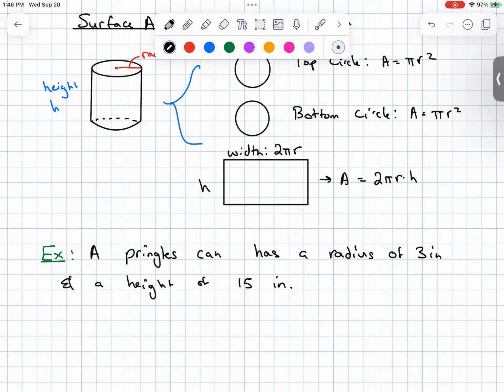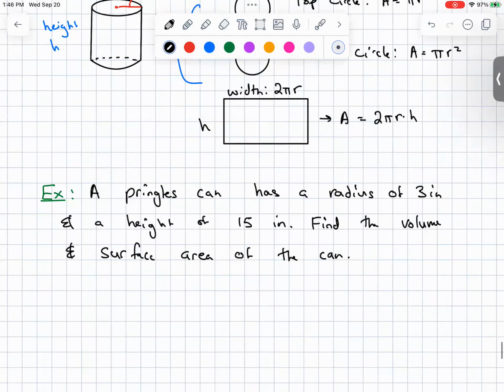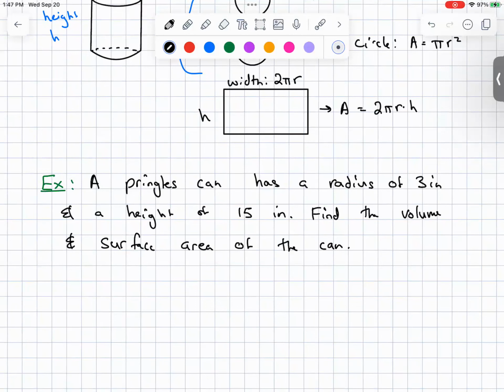Find the volume and surface area of the can. Assume it forms a perfect cylinder. And we're going to use 3.14 for our pi approximation.